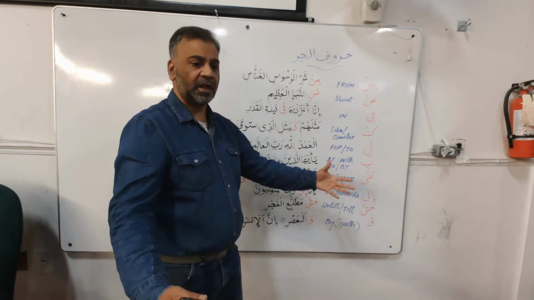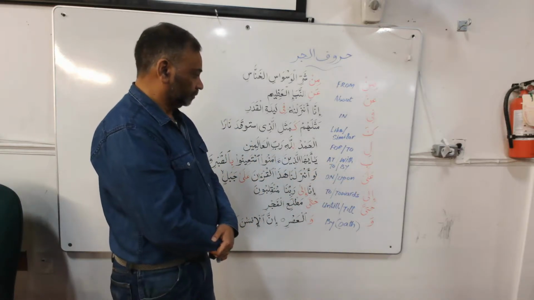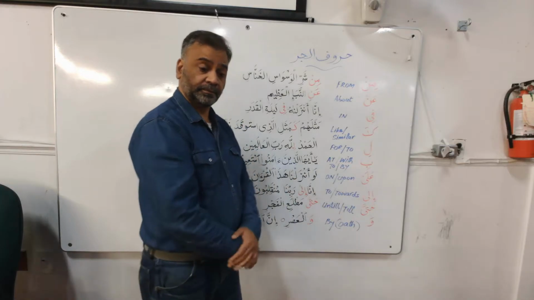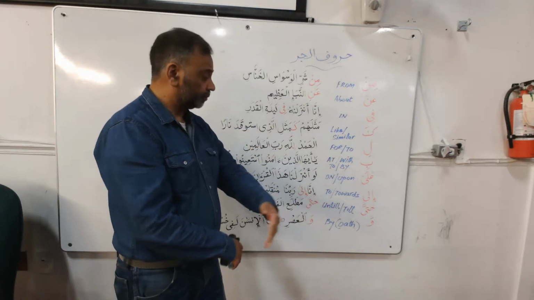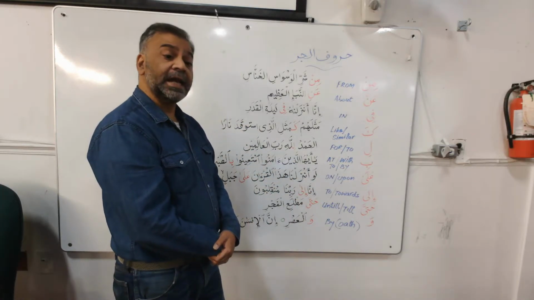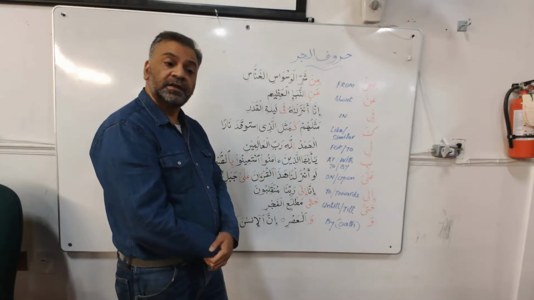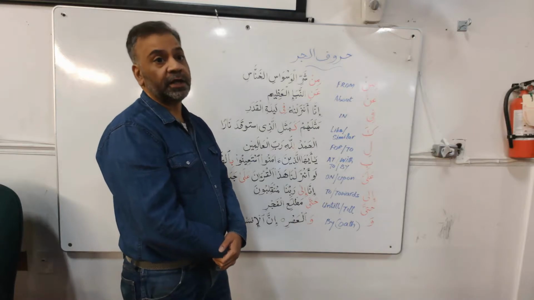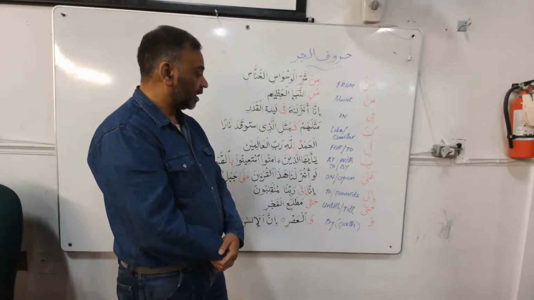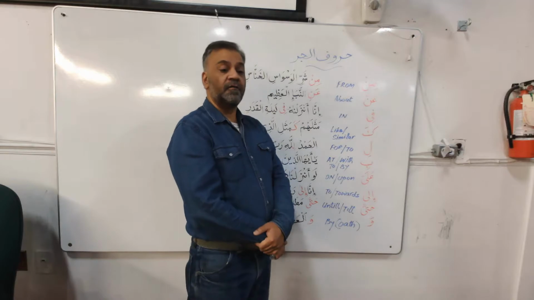Be has a lot of meanings. Ala, upon or on. Ila, to or towards. Hatta, until or till. And the last one is va.